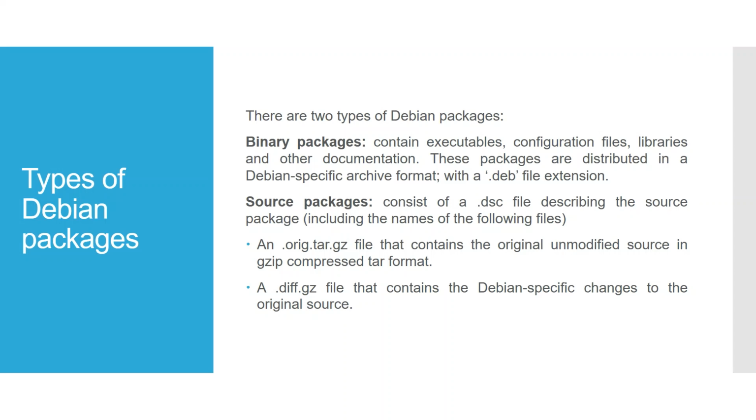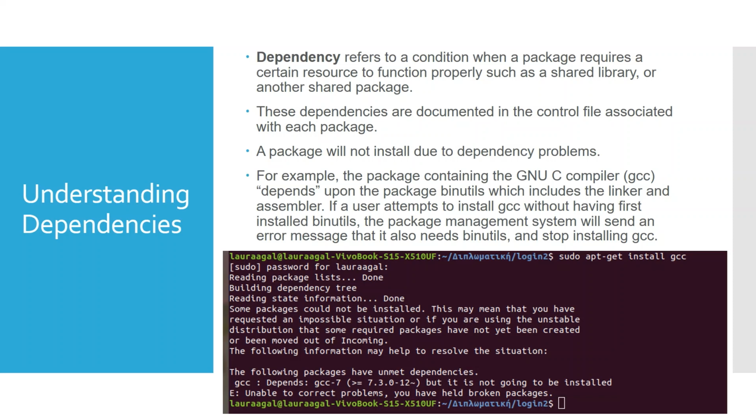Normally we are not using this type of file. The easier one is to work with binary packages, so I would recommend you to find the .deb instead of something that has a .gz file.